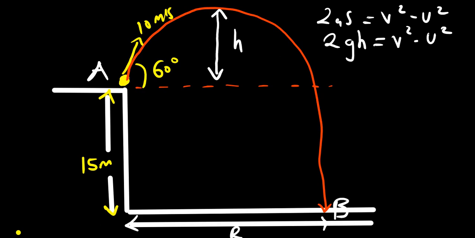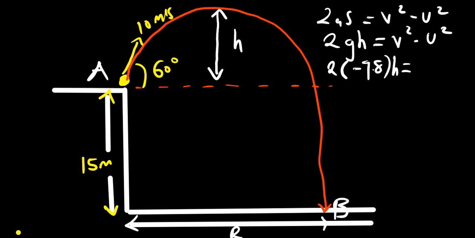Okay, so it will be 2 multiplied by the acceleration due to gravity, because in this case this one was going up. Okay, and we're trying to find this height. Because it was going up, we find that it will be negative, right? So it will be negative 9.8, multiplied by h, is equal to our v squared.